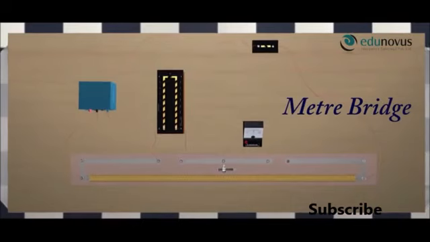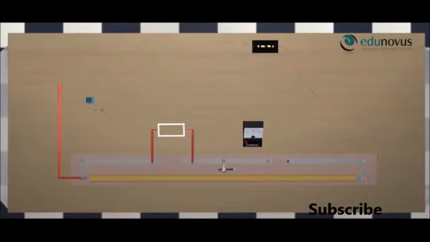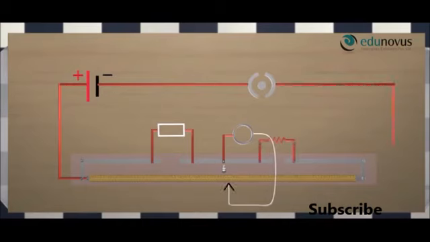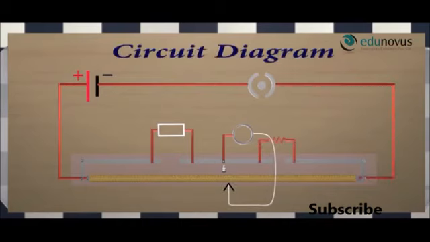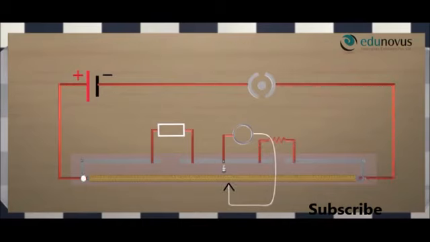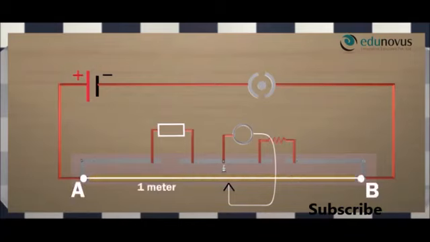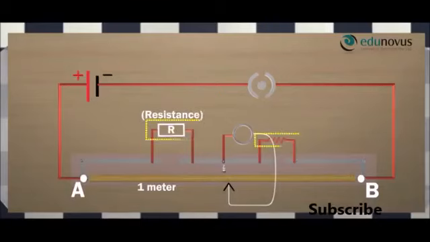This is a meter bridge, and this is the circuit diagram of a meter bridge. Here we can see that AB is the wire of length 1 meter, and there are two gaps in the metallic strip, the left gap and the right gap. We have placed a known resistance R in the left gap and an unknown resistance X in the right gap.